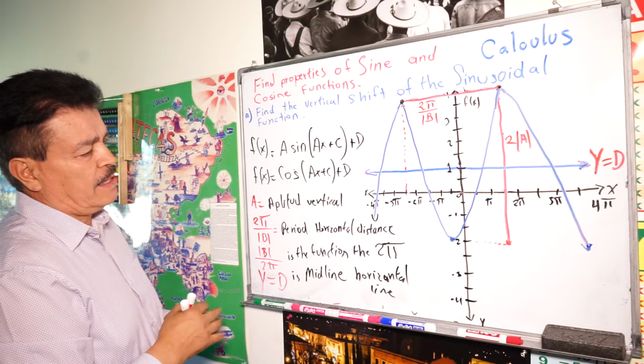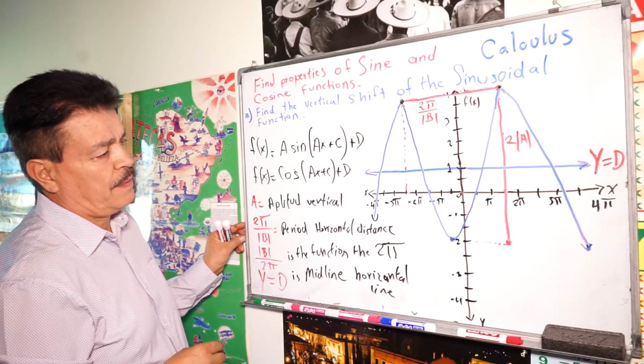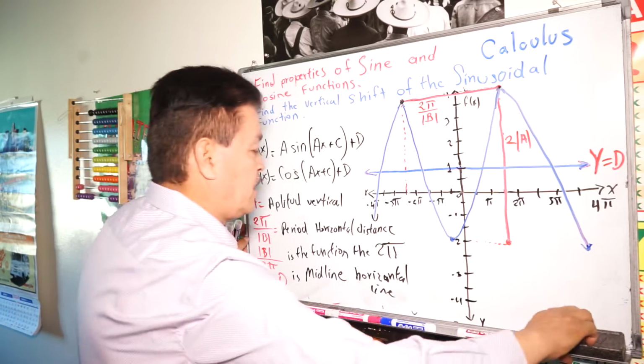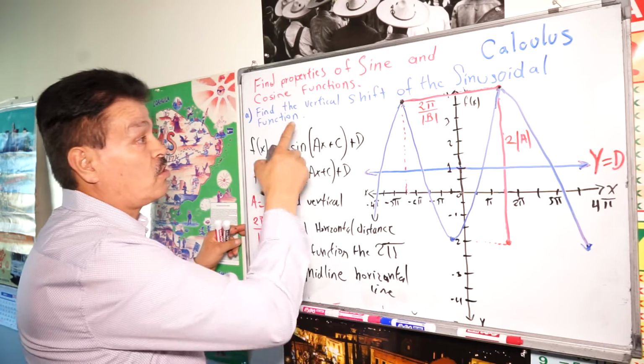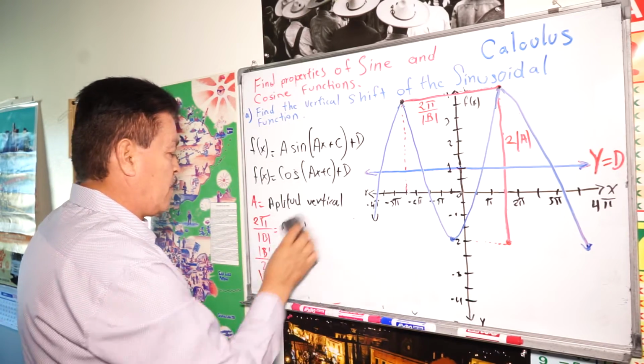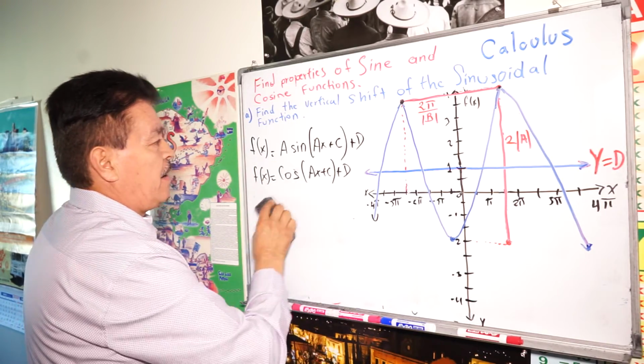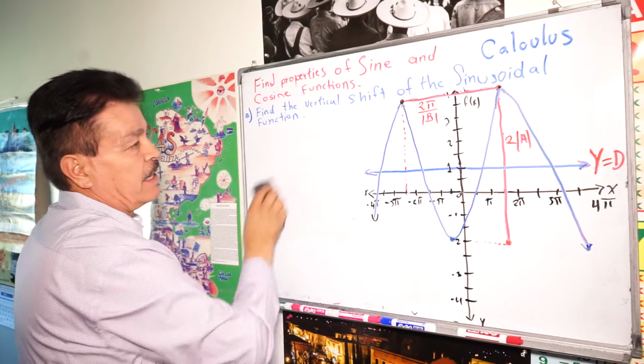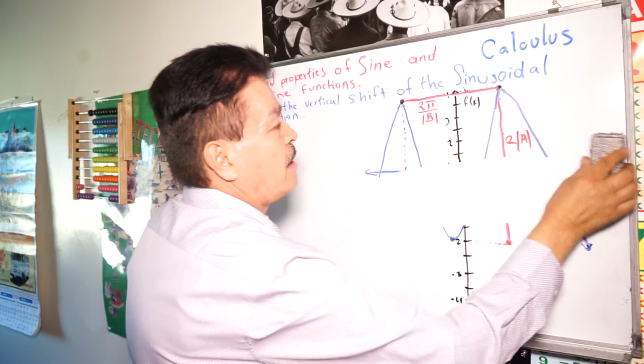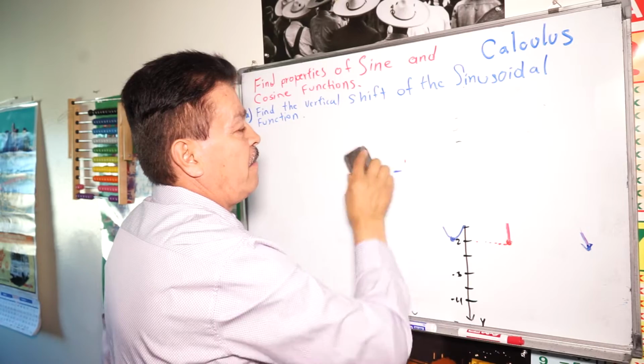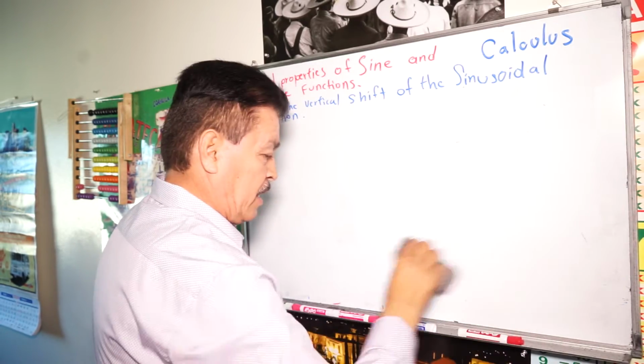I think that's the most important thing that we can see in our graph. Let me erase it and then solve one problem. Let me show you how to solve one problem about this kind of topic. Let me make another graph right here.